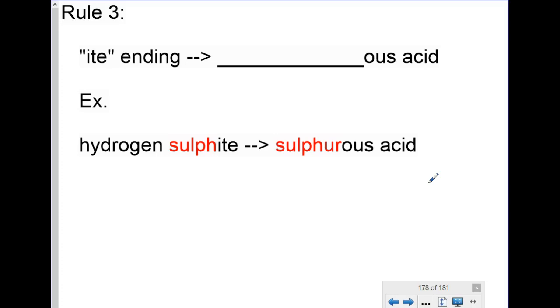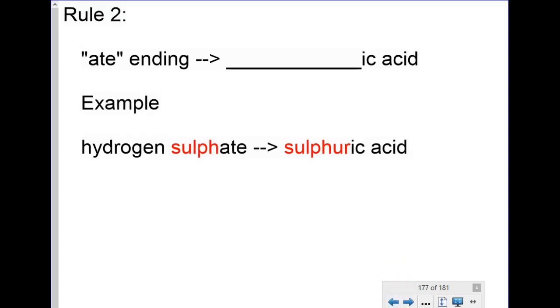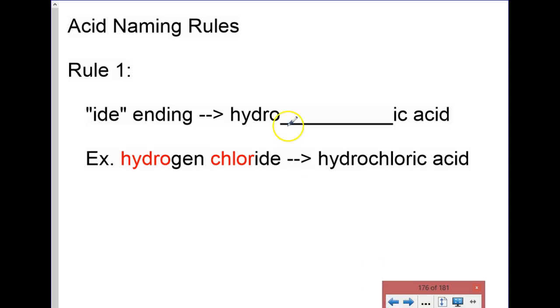No. Is there a hydro on the front of it? So rule 1 would have hydronitric. So the first one, nitric acid, doesn't fit into rule 1.